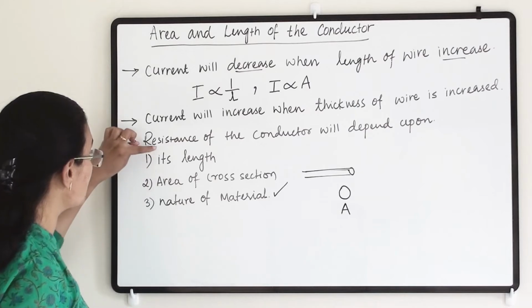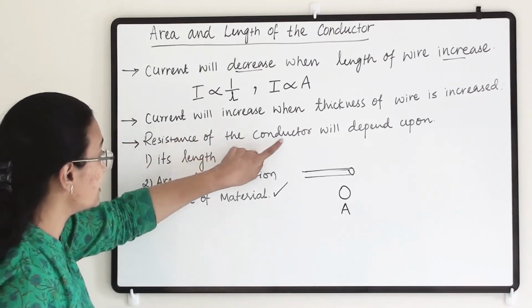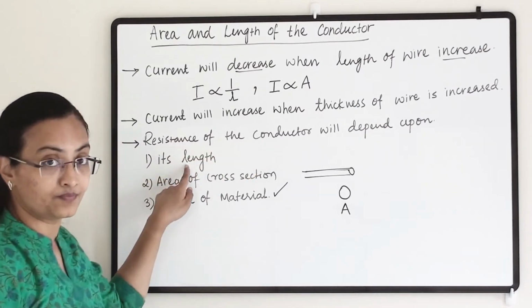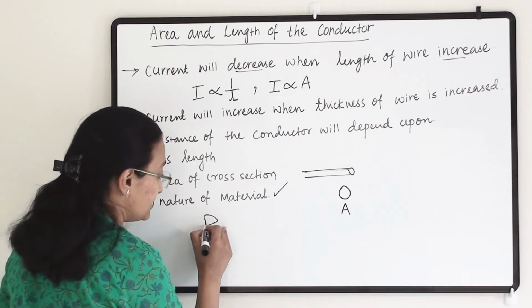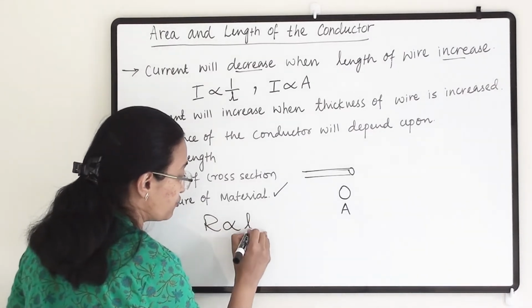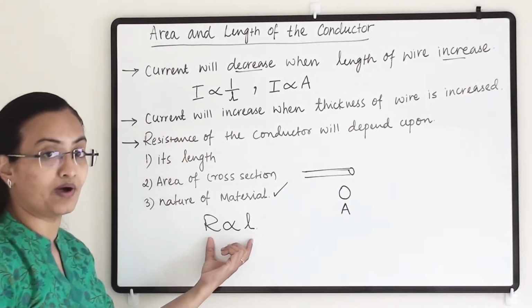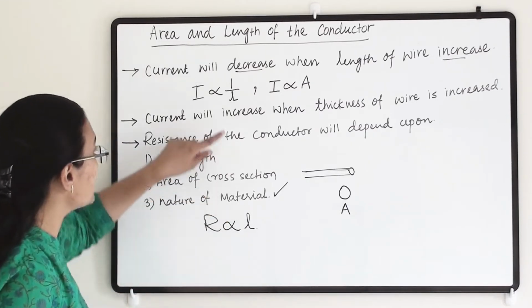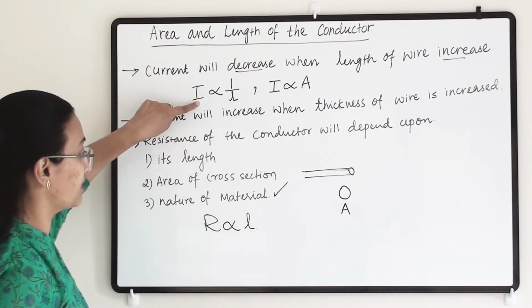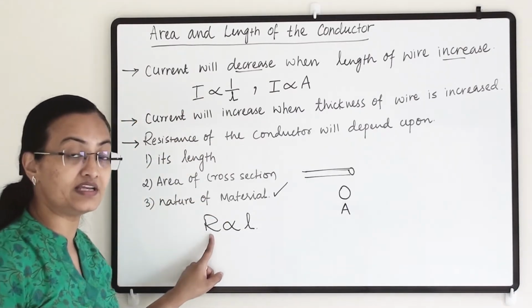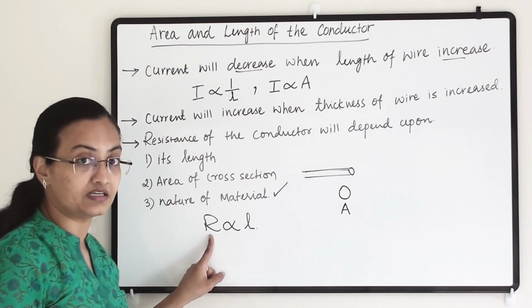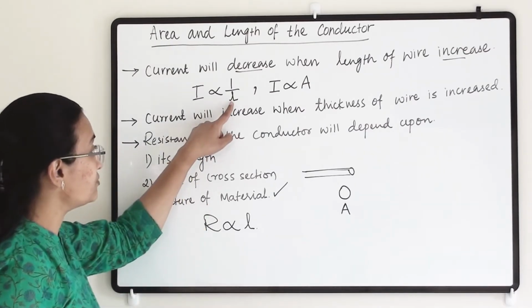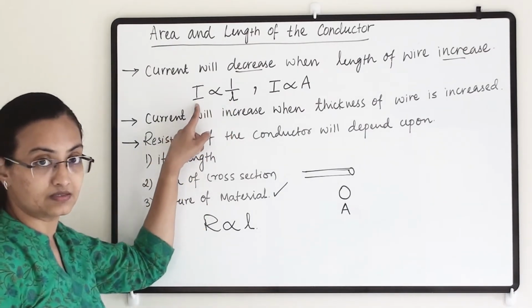Here it also says that the resistance of a conductor will depend upon its length. We know that resistance is directly proportional to the length of the wire. Both will increase simultaneously, and that's why current is inversely proportional to length, because as resistance increases, the current will decrease, and similarly as the length increases, the current will decrease.